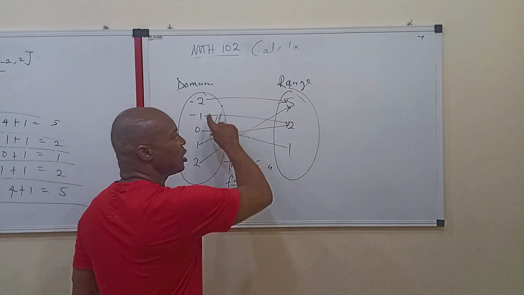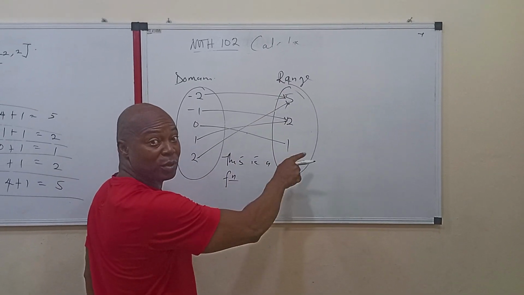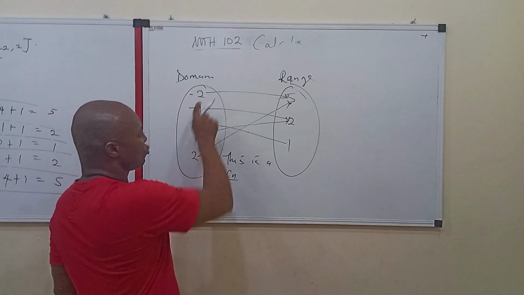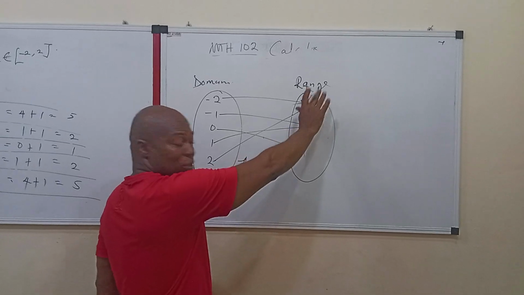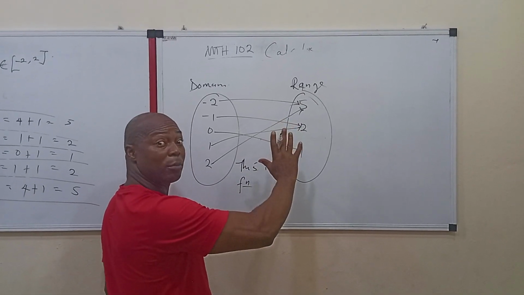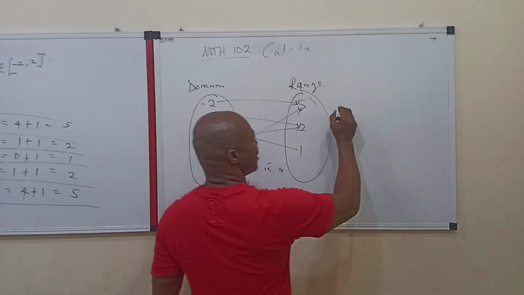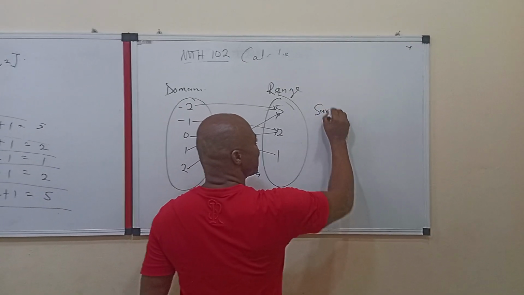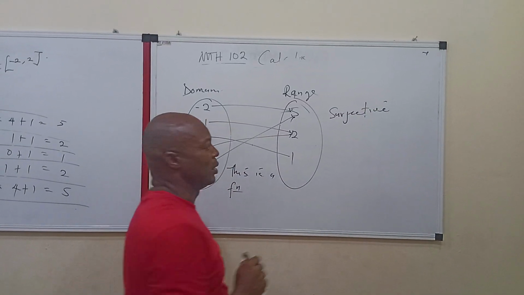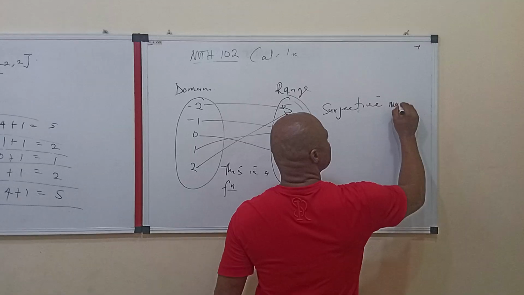It would have been one-to-one if all of them had one-to-one correspondence, but this one is not. You can see that negative 2 and 2 are having one value. But having that all the range values are mapped, we say this kind of mapping is called a surjective mapping.